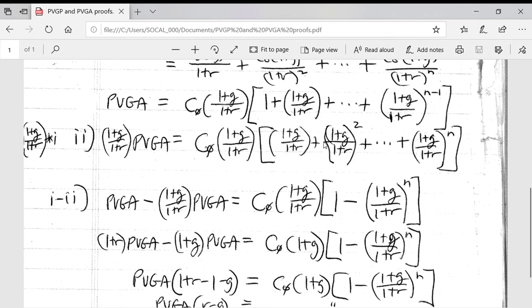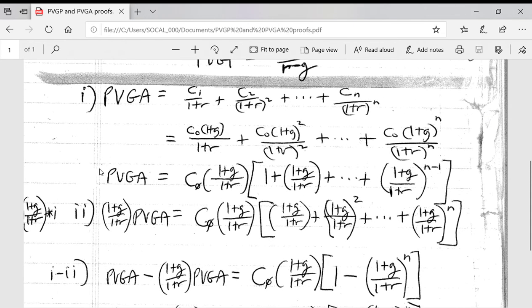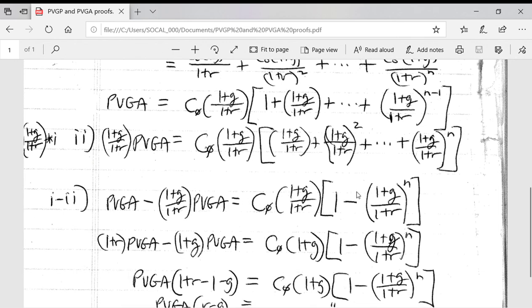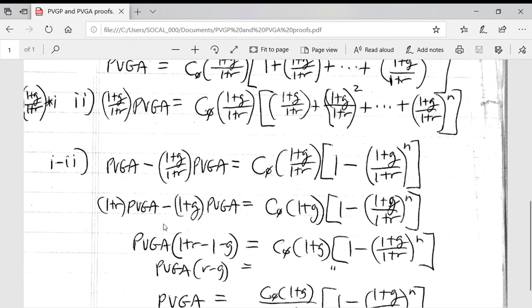You'd agree this term would cancel with the next term here. You'd also agree that this term would cancel with the term that precedes this term. And so all we would be left with would be this 1, and then down here, this 1 plus g over 1 plus r to the nth power. Okay? And since it's equation 1 minus 2, remember this is equation 1 here, just modified. So equation 1, equation 2. And therefore, in the square brackets, all we have is the 1 minus the 1 plus g over 1 plus r to the nth.